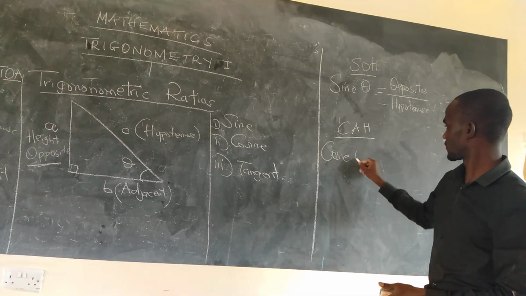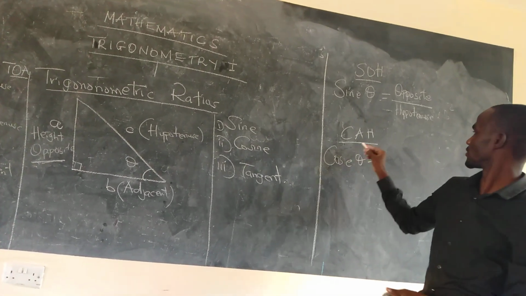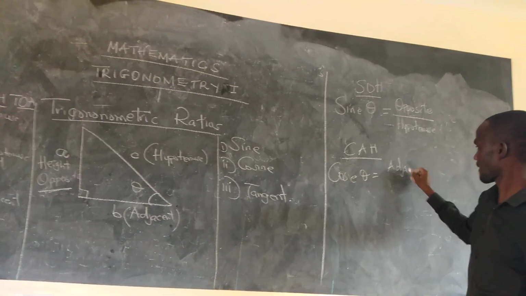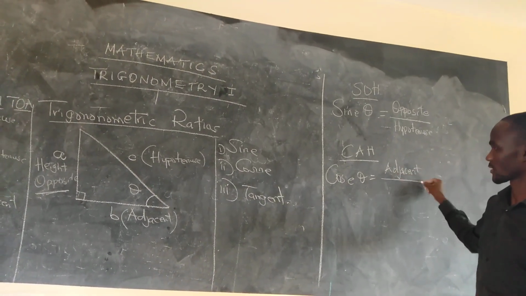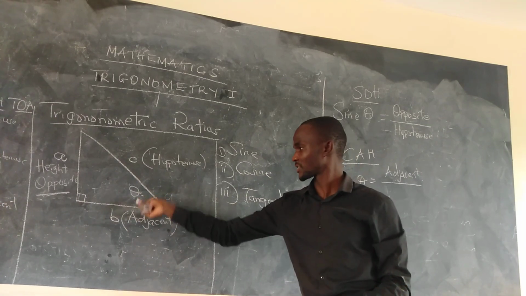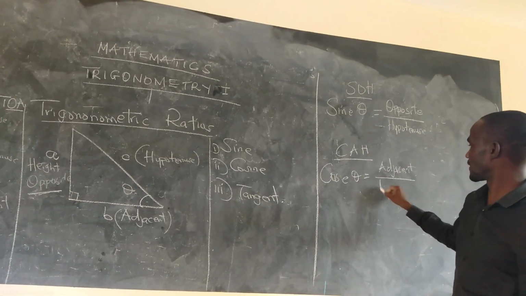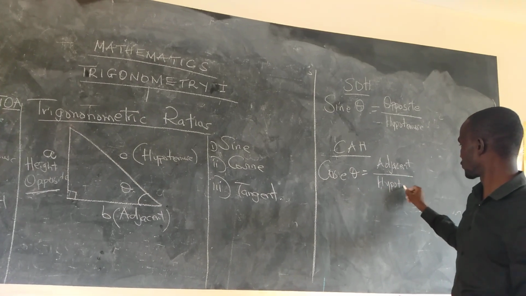So cos theta, we have adjacent. The adjacent of that particular angle over the hypotenuse.